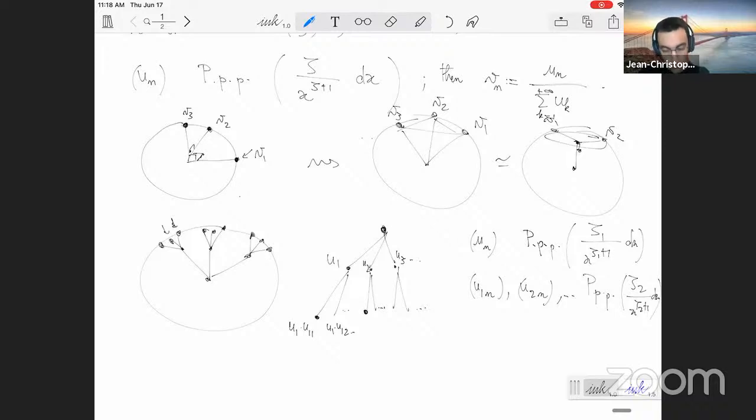If I want to know the value at this leaf, the one I put here, I multiply all the weights I find along the way, because there is U2 on top, and then there's U21. So here the weight is U2 times U21, etc.